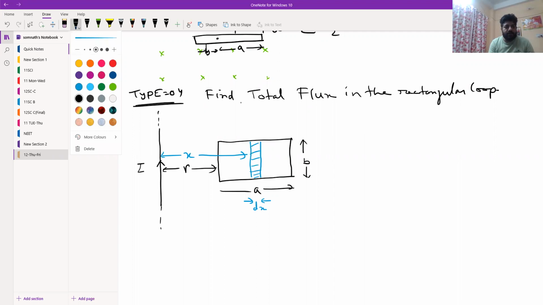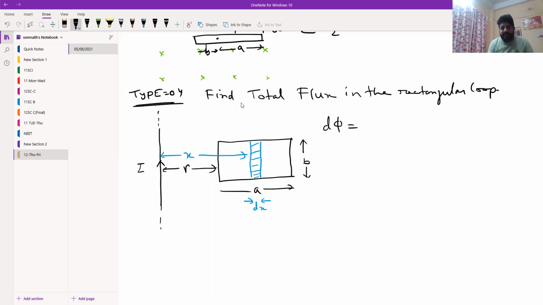So my change in flux is B ds cos 0, so B ds.